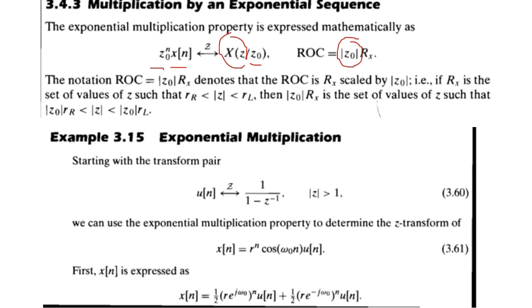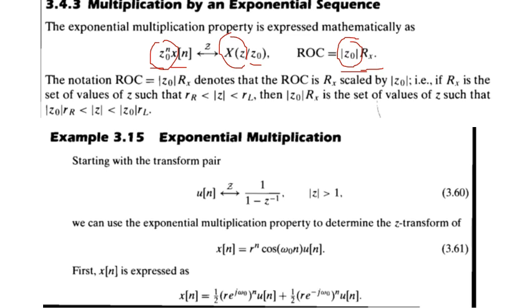For example, if the ROC of x of n is Rx, then when the exponential is multiplied, the ROC will be multiplied. The notation ROC equal to mod z naught times Rx denotes that the ROC is Rx scaled by z naught. So we are basically scaling the region of convergence with z naught.